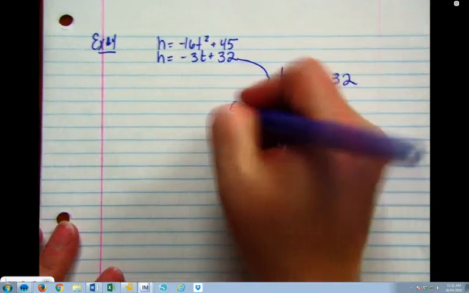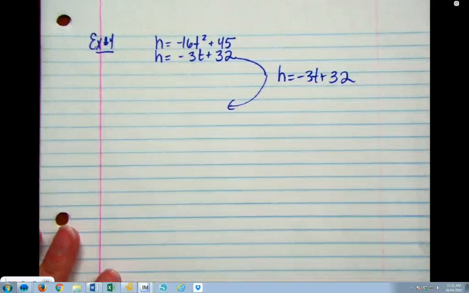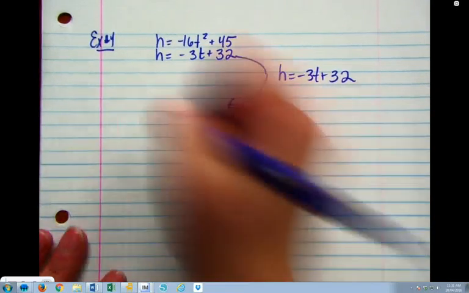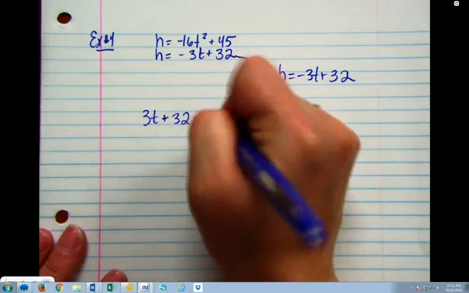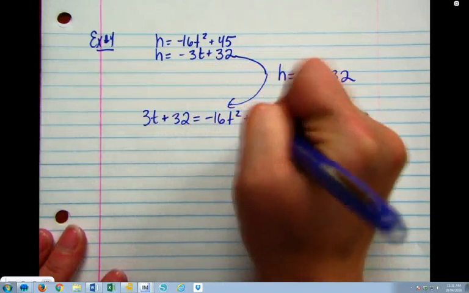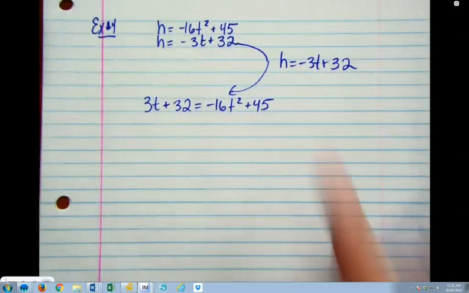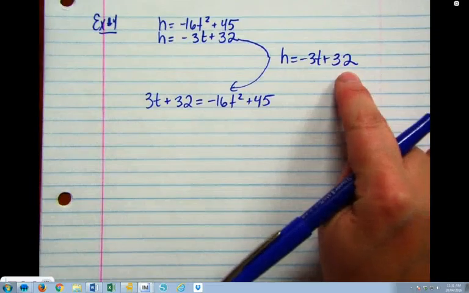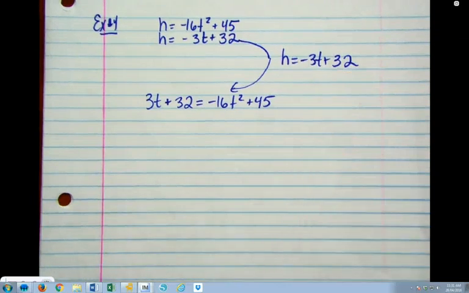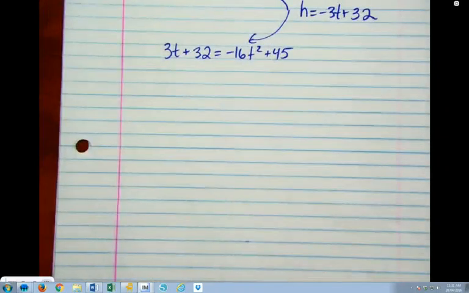Where do we put him? So did you need to rewrite him? No, I just always put it on the right so that it's easy to grab in that last step, so he just comes straight down to find the y value.